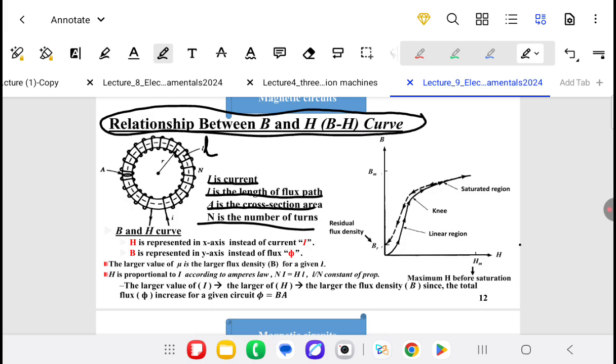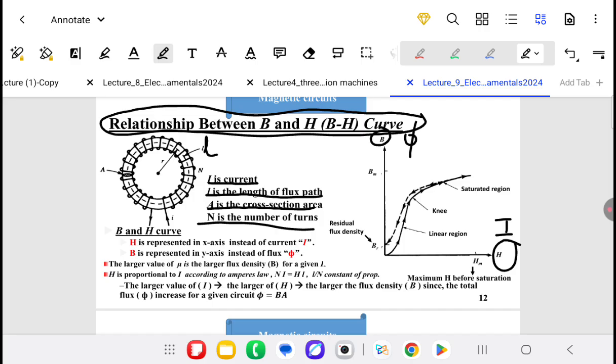H represents the x-axis, and B represents the y-axis. Also, H is related to I and B is related to phi, so we can have I as the x-axis and phi as the y-axis.